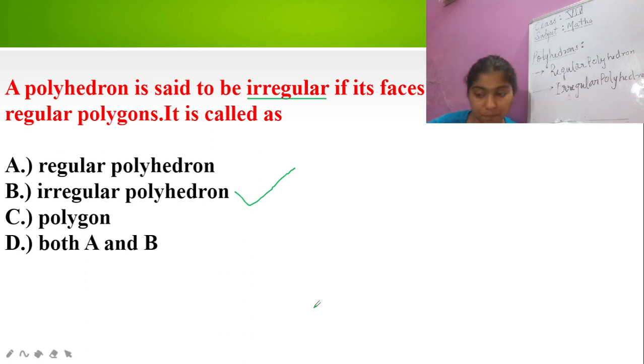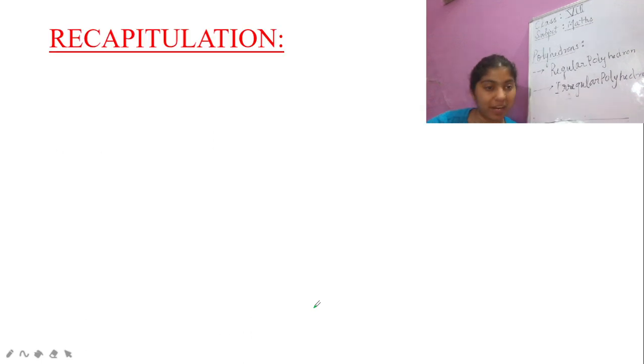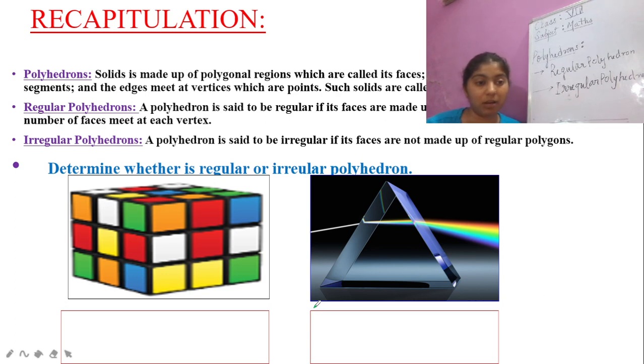So let's recap what we have discussed. We have discussed today the polyhedron concept and its types, what is regular and irregular. Polyhedra are solids made up of polygon regions, which have faces, vertices and edges, right?